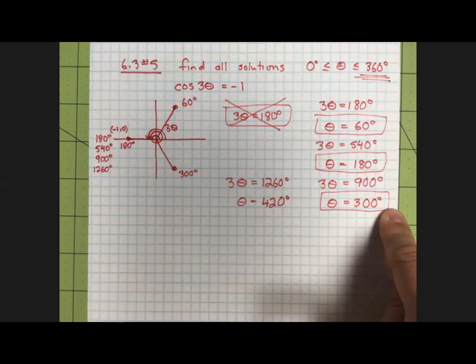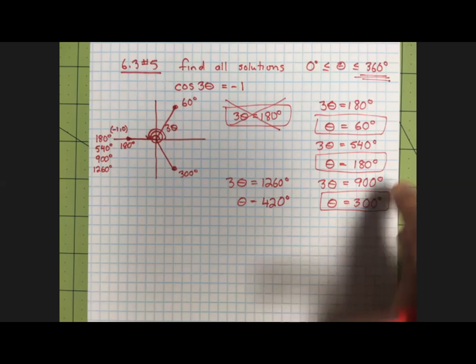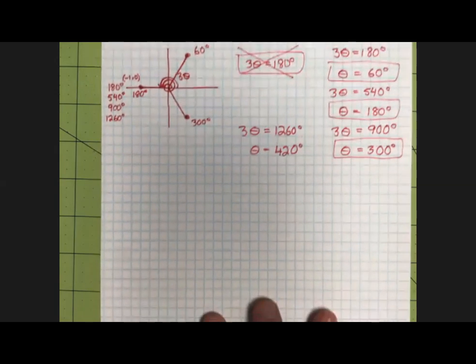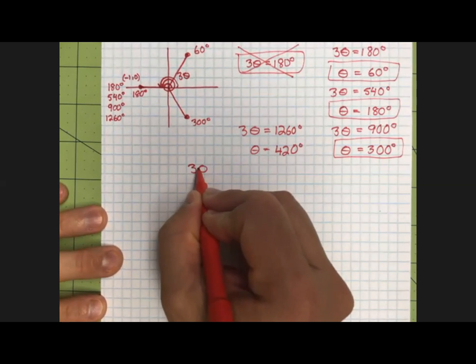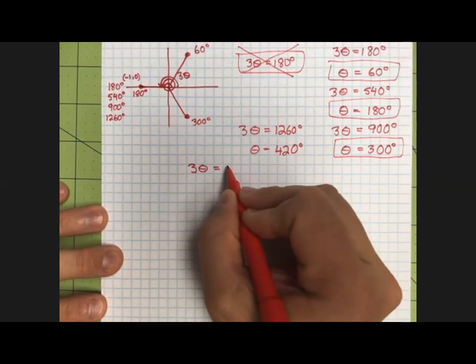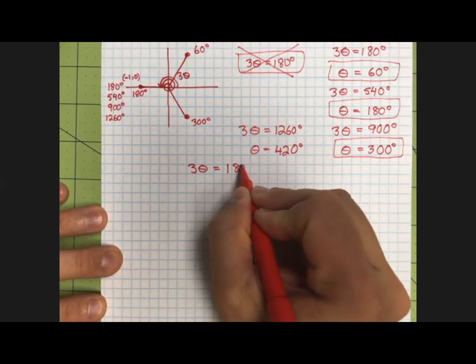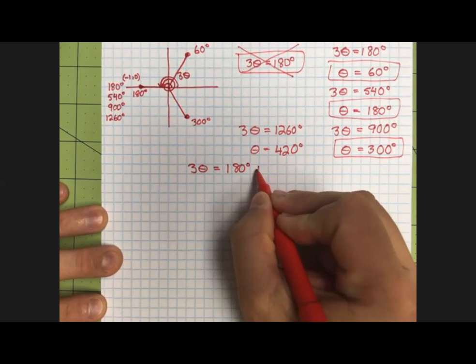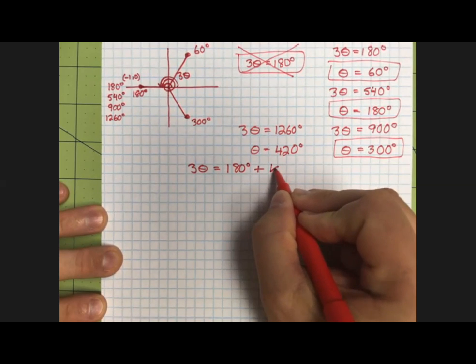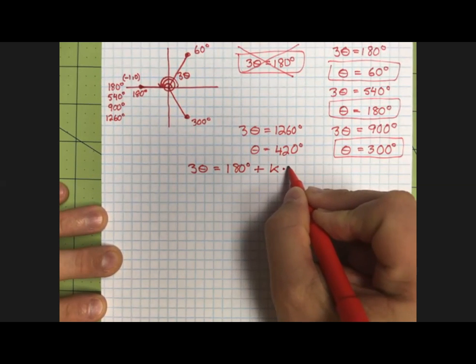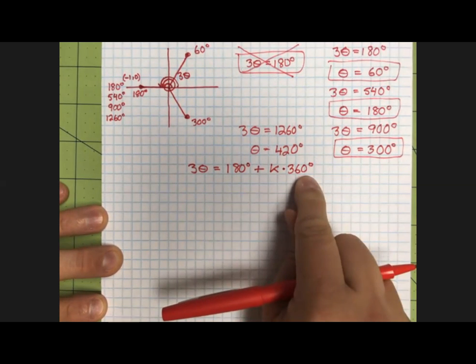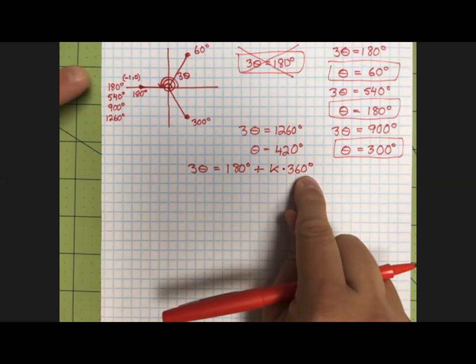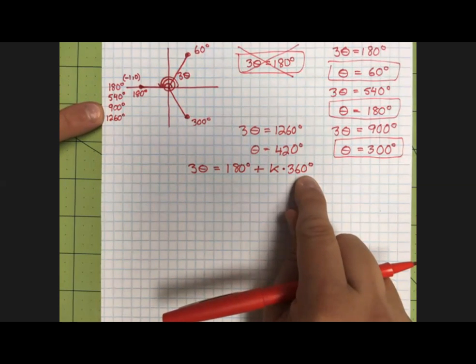So these are the only three answers that I have right here. Now you still feel nervous about guessing answers like that. So here's how you could manufacture that answer without guessing it. What you could have said was 3 theta has got to be 180 degrees, but it could have been 180 degrees plus any multiple of 360, right? That's the 180, 540, 900, 1260.